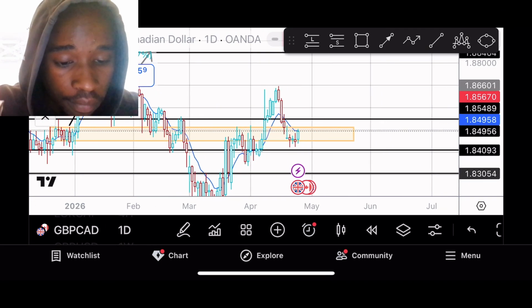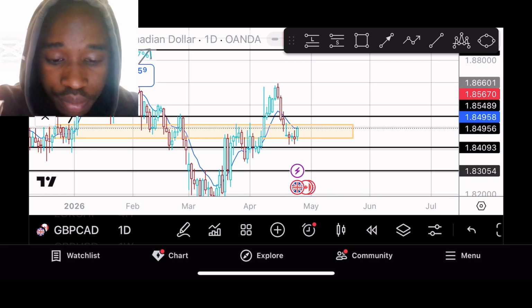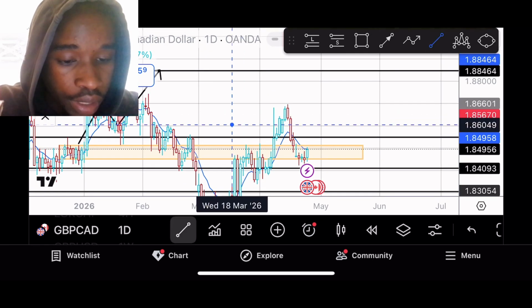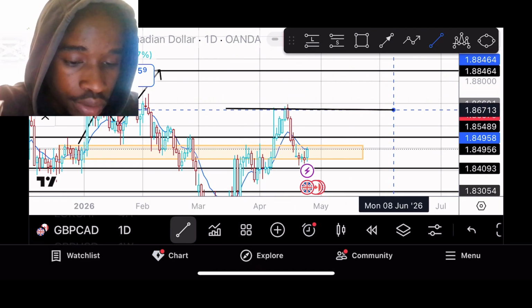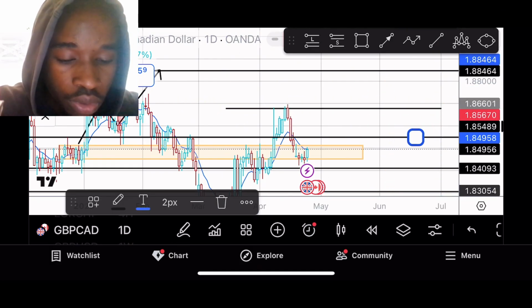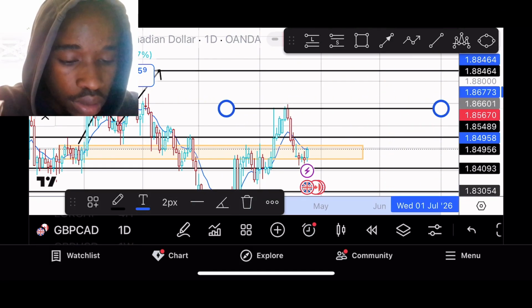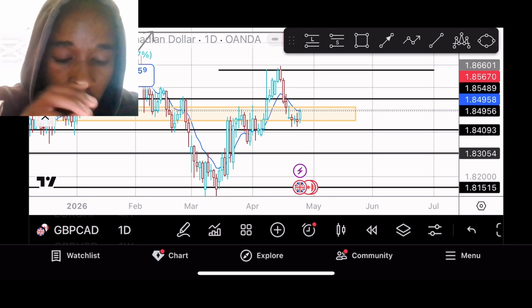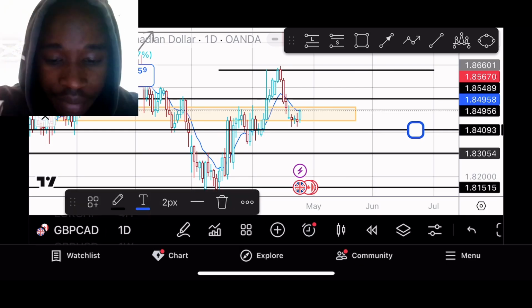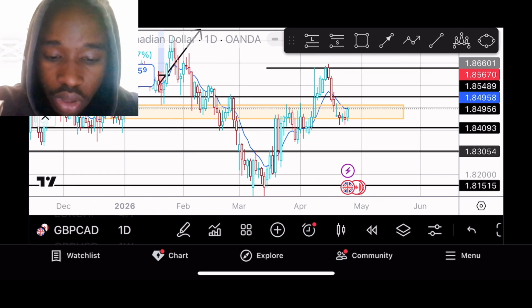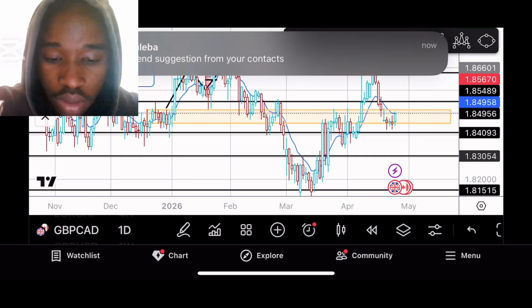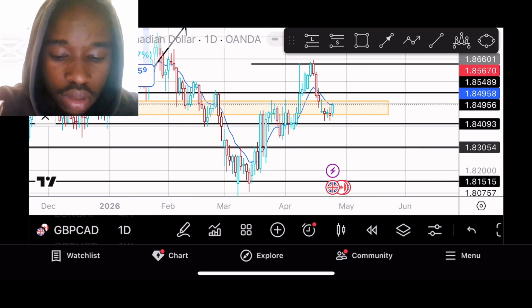I'll put that one there, and then put a little line there to indicate for me that was the highest zone. If price decides to come back, they were looking for a break of this so that it can retest it. But for now, looking like we're having a change of structure, or price can continue going down so that it can become a cleaner break. But for now, looks like that's what it's going to offer us.